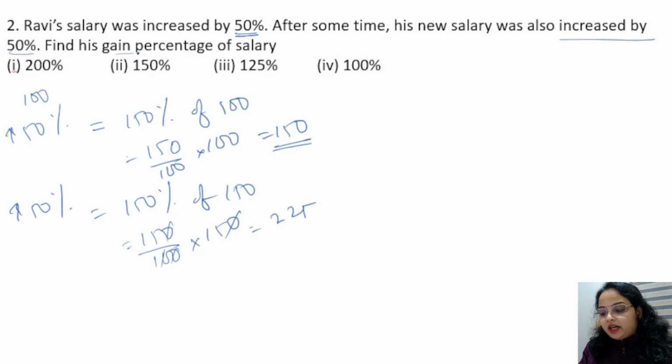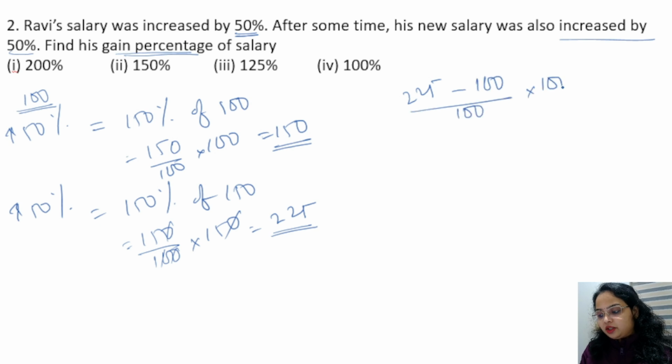We have to find the gain percentage of salary. Initially it was 100, after increase it was 225. So what is the gain percentage? It is increased salary minus initial salary divided by initial salary into 100. It is 125. 125% is the increase percentage.